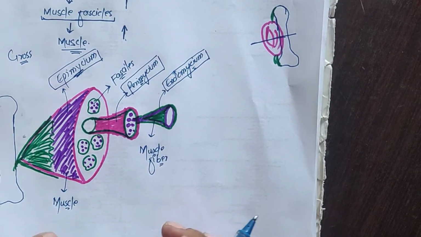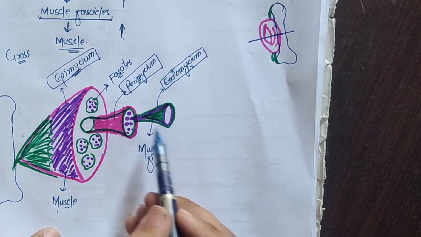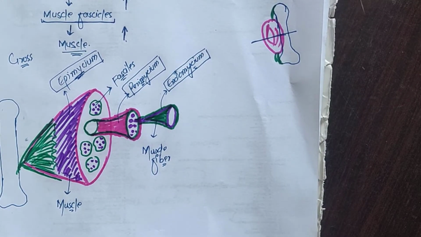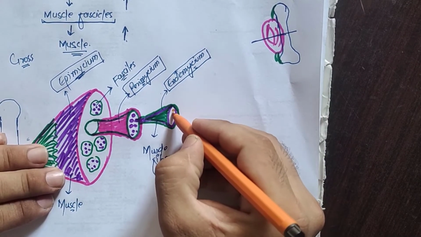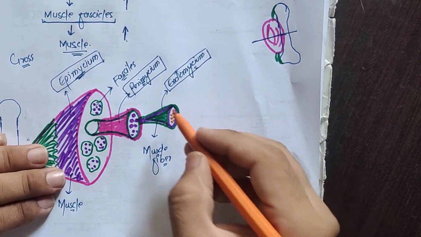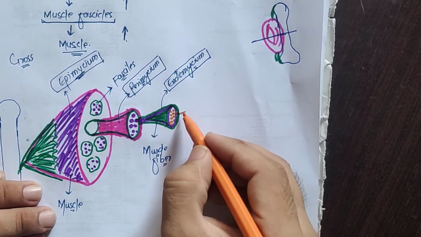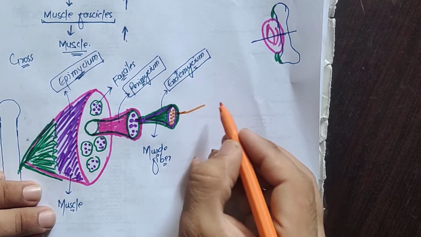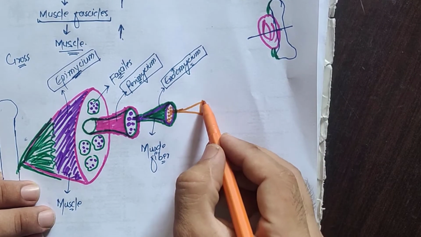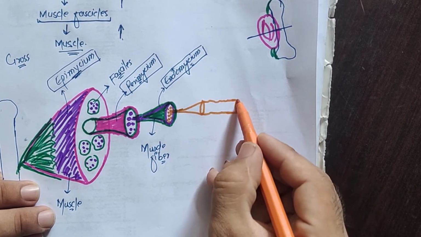So one muscle contains muscle fascicles, one fascicle is surrounded by perimysium, one fascicle contains muscle fibers, and one muscle fiber inside it contains, which we have written there, myofibrils, right? So look, it is like this. Let me enlarge this one. So this is called the myofibril. It will be a little bit like this, right?